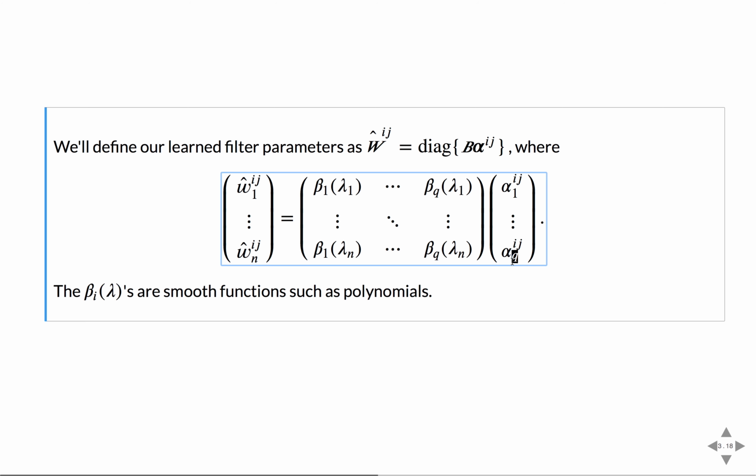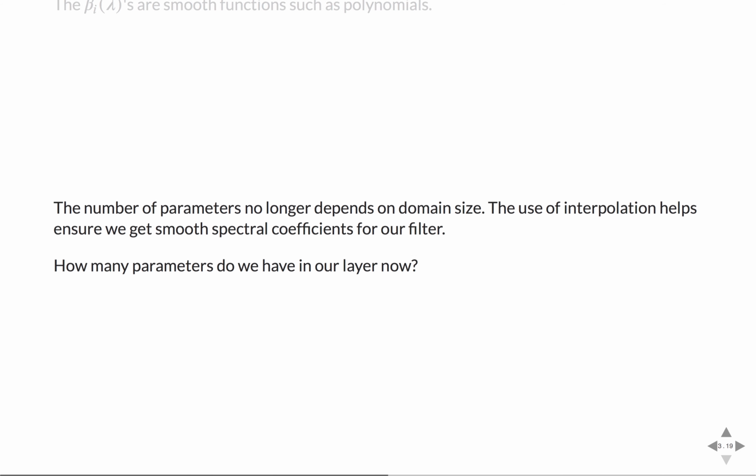We set some number q, the same as the number of different functions, and the filter parameters that we learn are based on this multiplication, which means we only have q parameters for each of the filters. Okay, and these betas are smooth functions. We'll see what they do in a second.